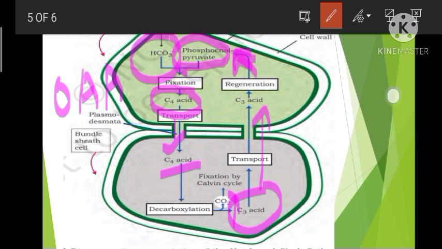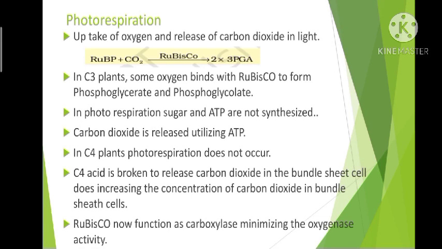Now we can see the process that creates an important difference between C3 and C4 plants, that is photorespiration. What is photorespiration? It is the uptake of oxygen and release of carbon dioxide in the presence of light. To understand this process better, we can see the first step that occurs in the Calvin cycle or the C3 pathway.